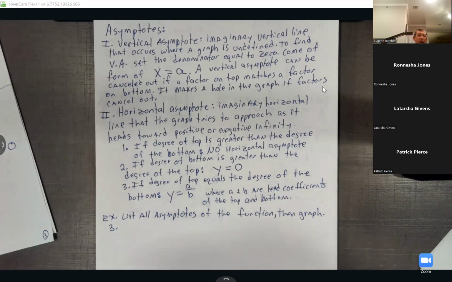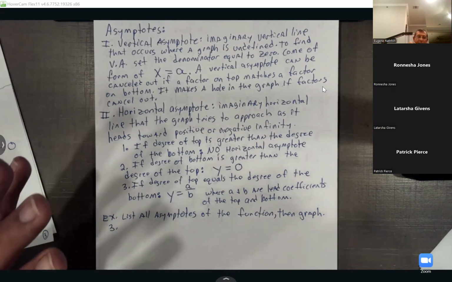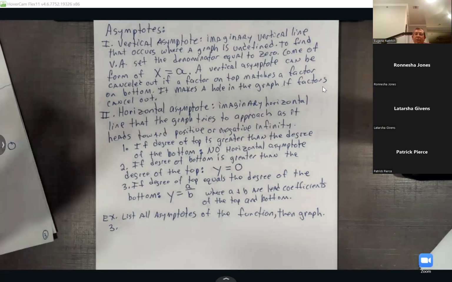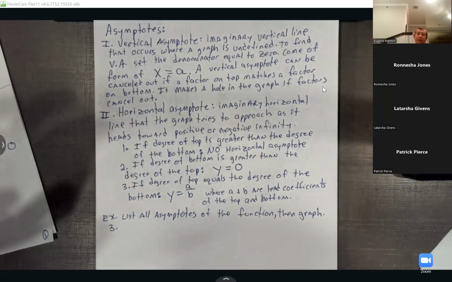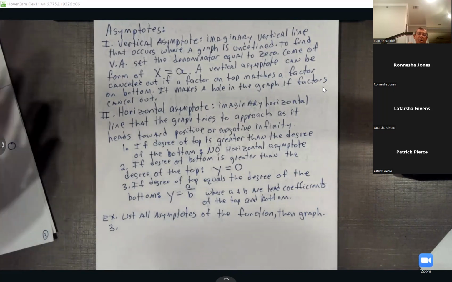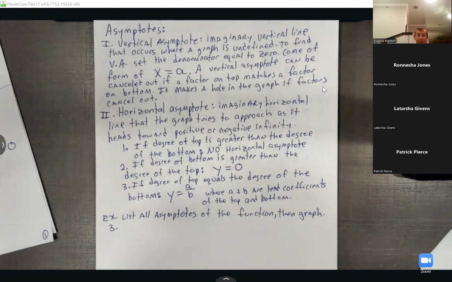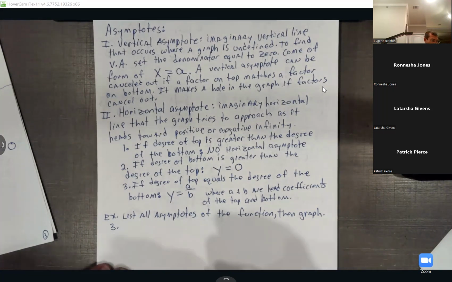So I'll show you how they get the oblique asymptote for number 4. But if you don't feel like doing number 4 because it's still got that on it, once you do that homework, if you'll email me, I'll give you credit for number 4 and turn your grade up, okay? So just whether you want to do it or not.